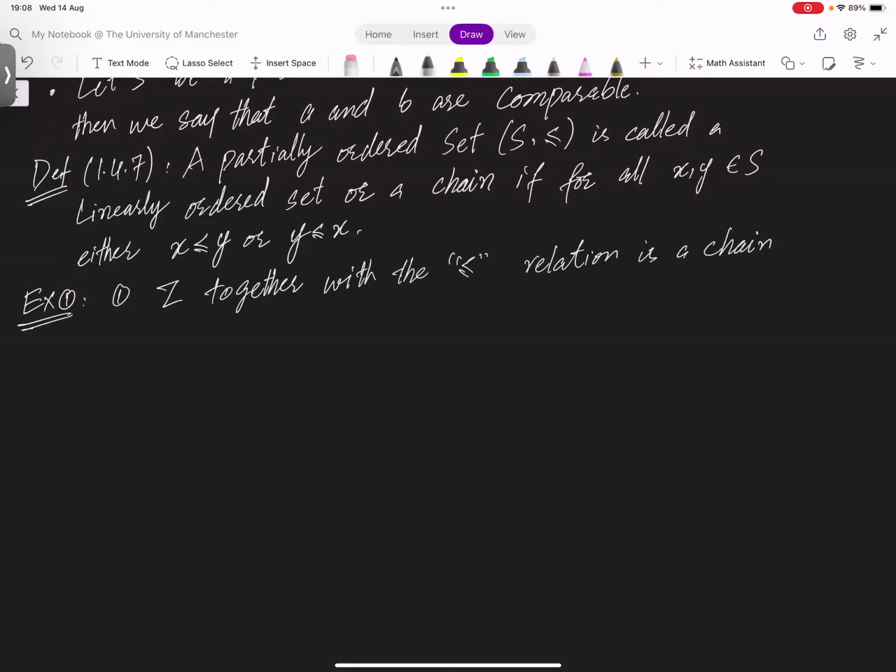Okay, so we have defined it. The other name for a linearly ordered set is a chain.